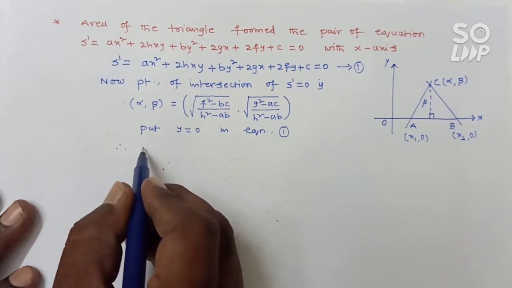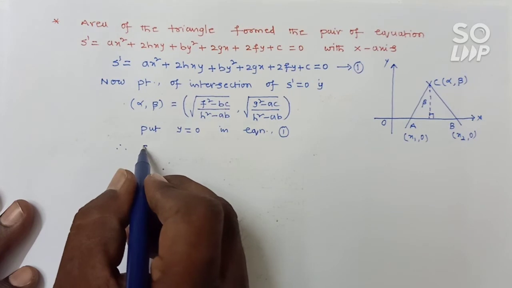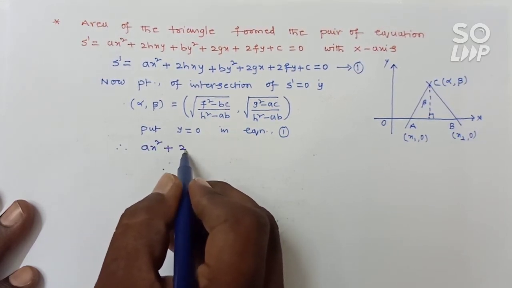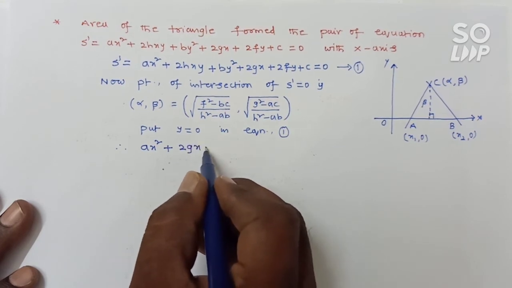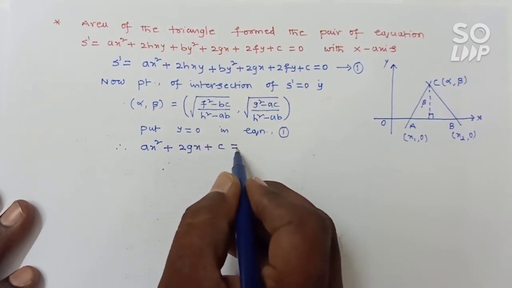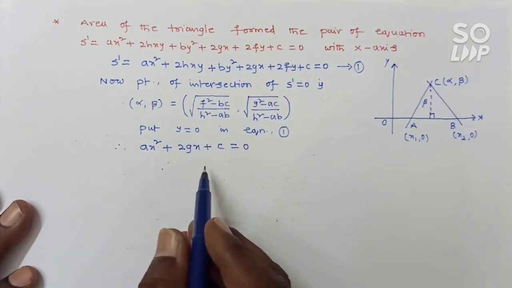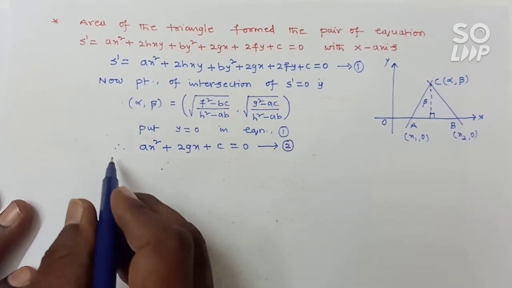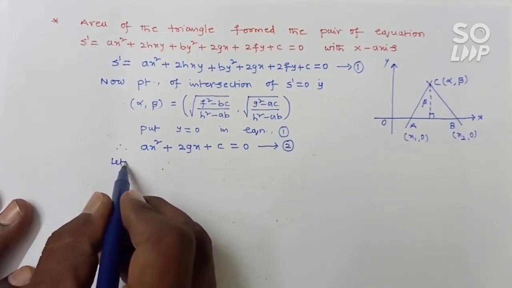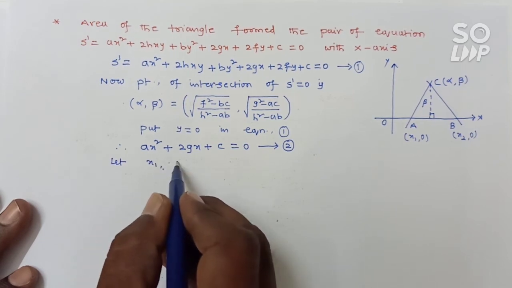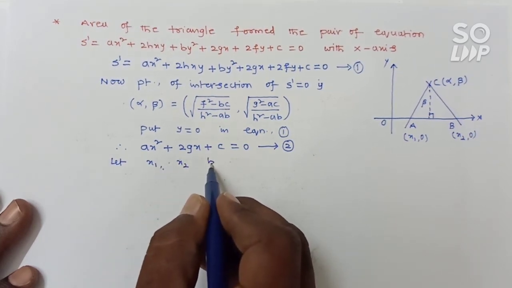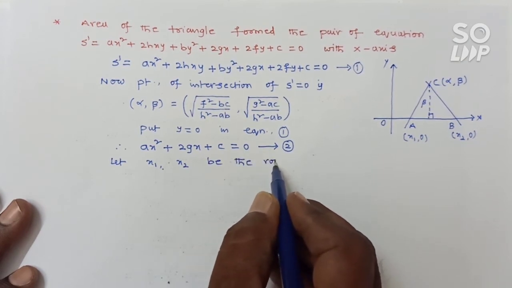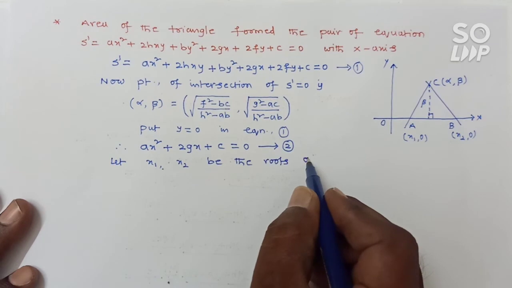Therefore, s dash is equals to 0 becomes ax square plus 2 into gx plus c is equals to 0. Clearly it is in the form of a quadratic. Let this one be equation 2. Let x1 comma x2 be the roots of equation 2.